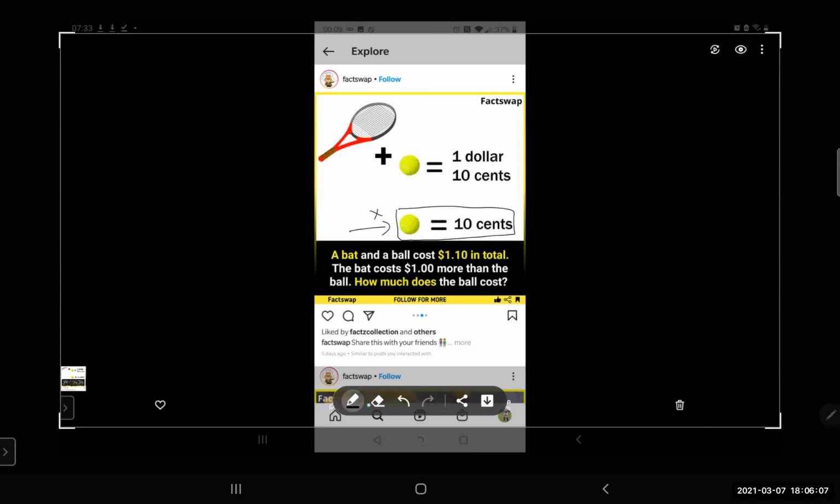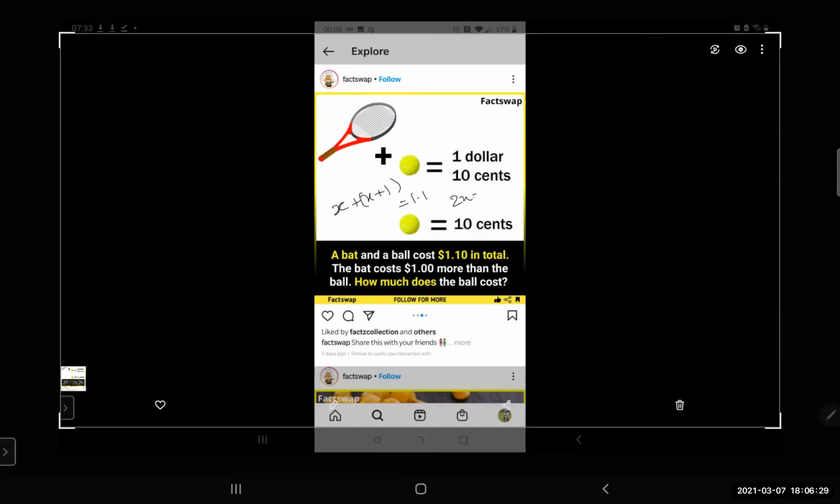If I don't give you this and I just say there is a bat and ball costing 1.1, and I assume the ball cost is X, the bat cost should be X plus 1, correct? Because it's $1 more than X. This is equal to 1.1.